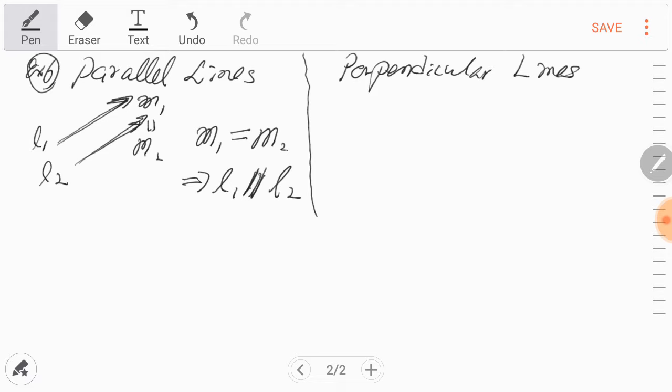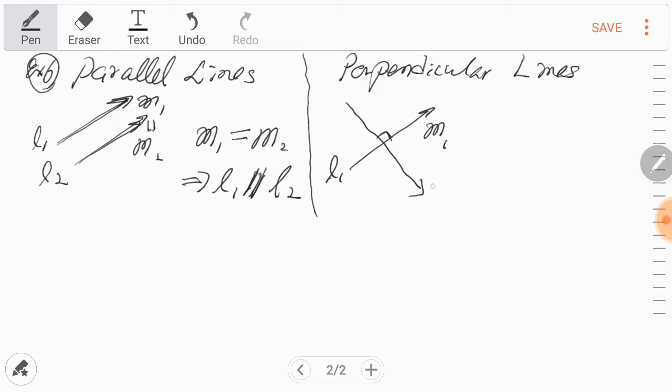How about perpendicular? Here's line 1. Let's say the slope of line 1 is M1. And here is a perpendicular line. A perpendicular line means they form 90 degrees.